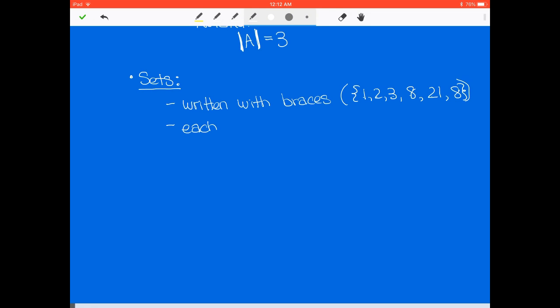Each item, or each number, which are distinct from each other as well, in the set is called an element.